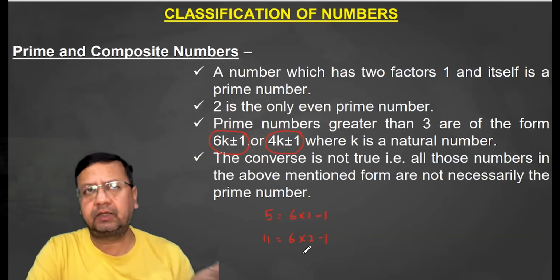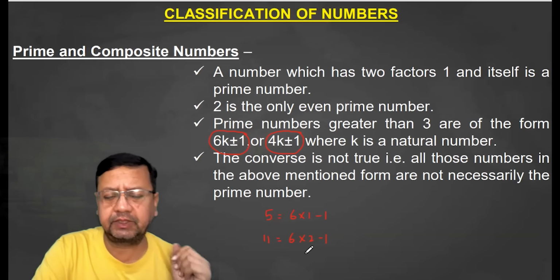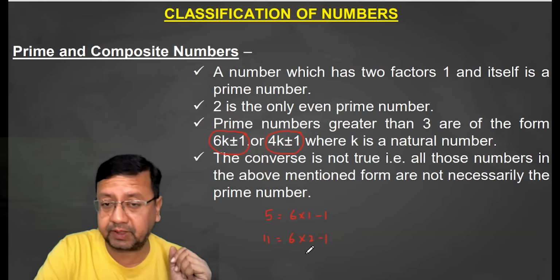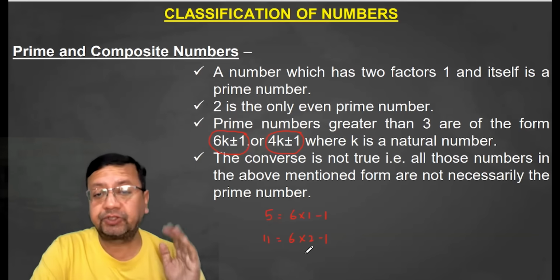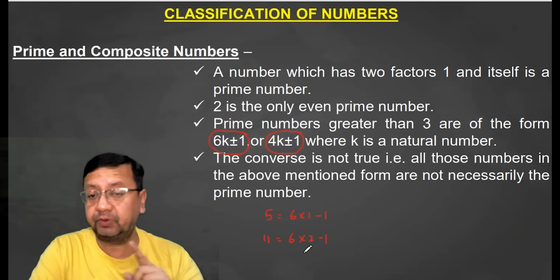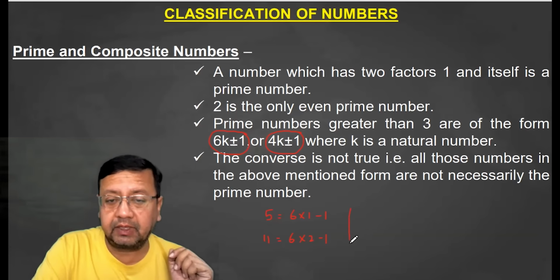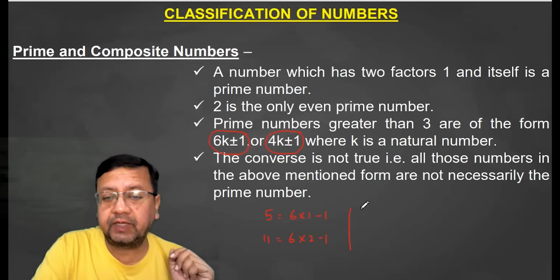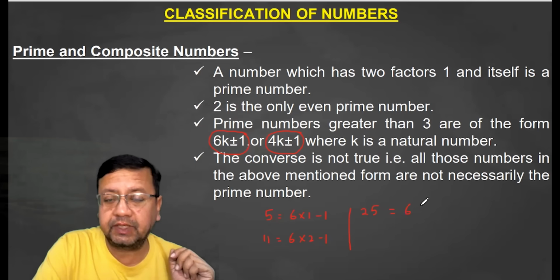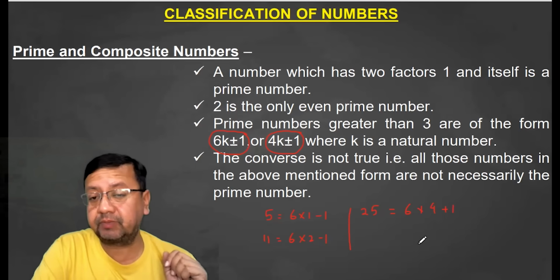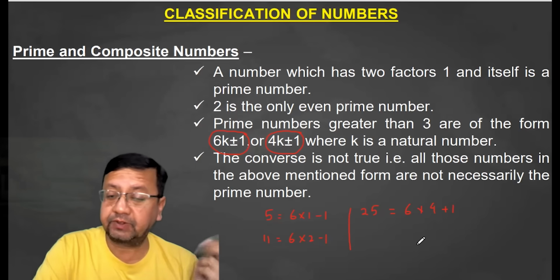If you say there is a number which can be written in the form of 6k plus minus 1 or 4k plus minus 1, then this number should be a prime number. No, this statement is not correct. For example, suppose I say 25, right? 25 is what? 6 into 4 plus 1, right? So you can write 25 in a 6k plus 1 form, but 25 is not a prime number.